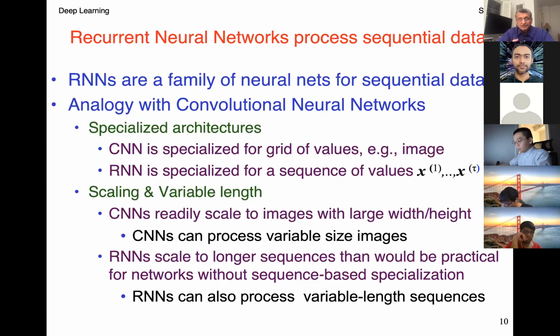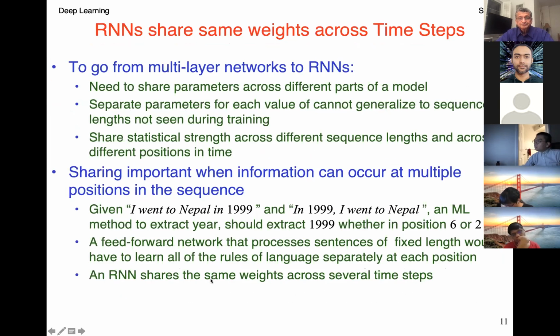Here again, the input may be of variable length. What you learn from a given set of training data can be used for variable length input sequences, and so that is not an issue. RNNs can process variable length sequences.